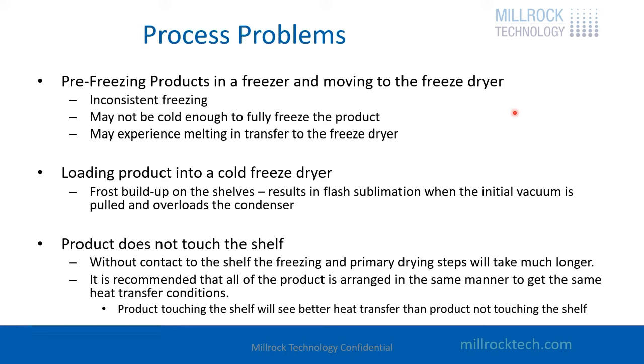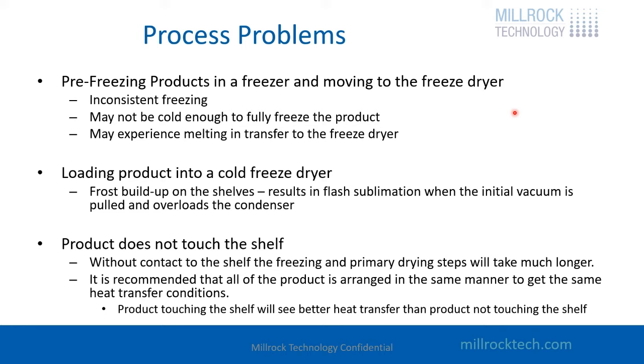Now, it's also a problem if you're trying to load that product into a cold freeze dryer. If you have a cold shelf in the freeze dryer and you open up the door to put your product onto a cold shelf, let's say a minus 40-degree shelf, you are going to get moisture on the shelf that's going to be frost. When you first start the system up and you pull a vacuum, that frost is going to flash sublimate.